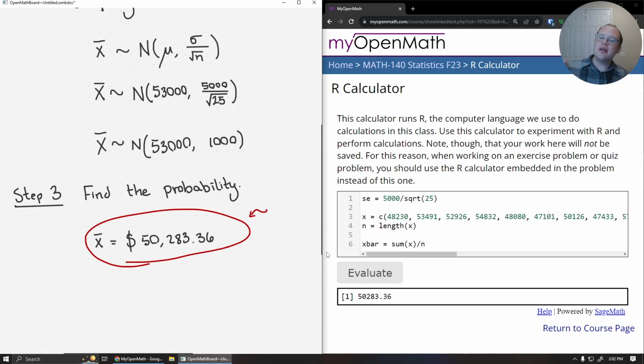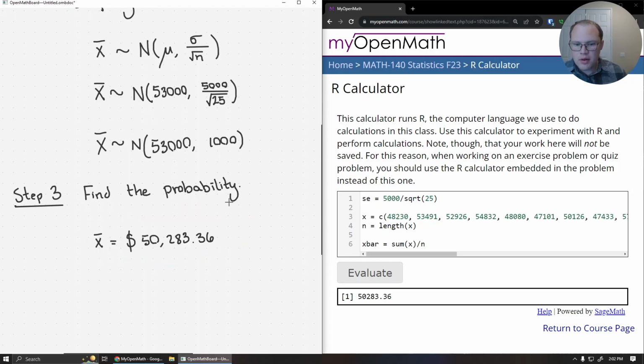That doesn't necessarily mean the company's wrong, right? The company could still be right, and maybe we just got a sample with especially low salaries. But we are going to complete this hypothesis test to see how likely that is to actually have happened.